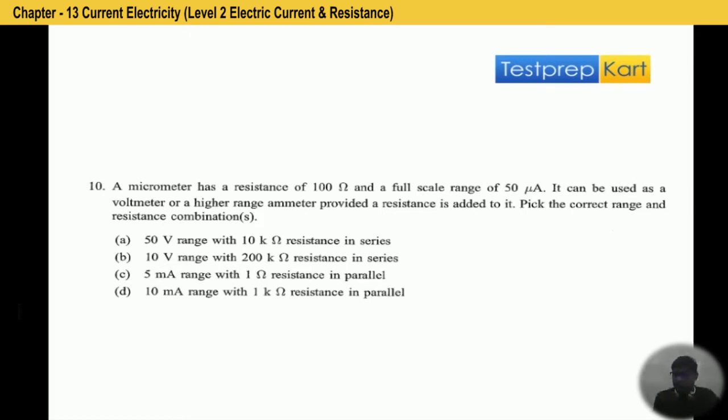So basically what is given right now is that there is a micrometer which is showing a full scale current of 50 microampere, and the internal resistance of this micrometer is 100 ohm.